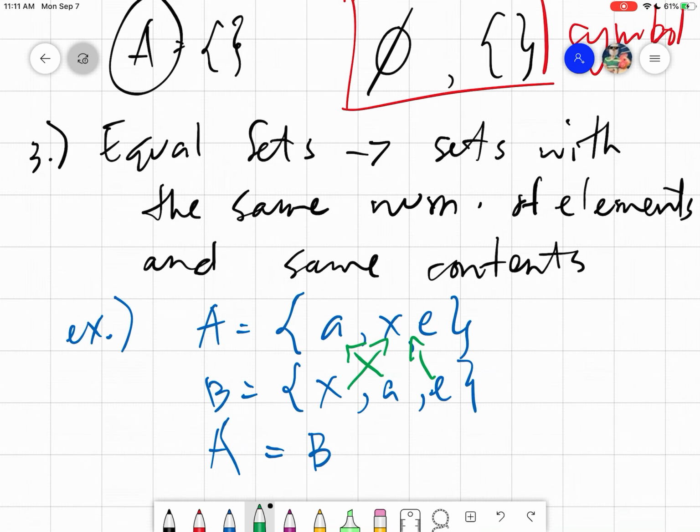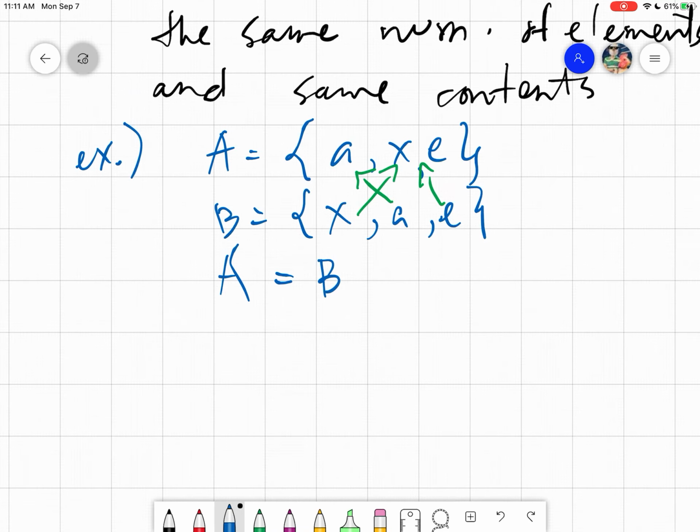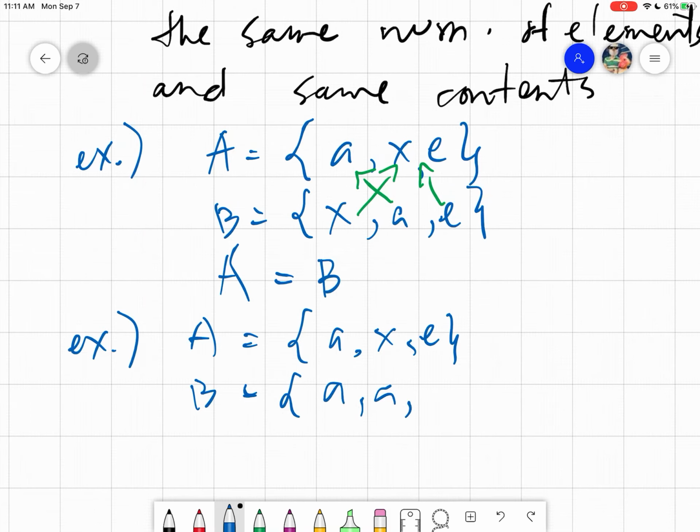Now, may mga special cases like this one. Kasi I think I did discuss to you before na remember na ang elements is non-repeating. Kumbaga, pag nauulit-ulit siya, it would still be the same. For example, set A is A x e, and set B natin is A x e.